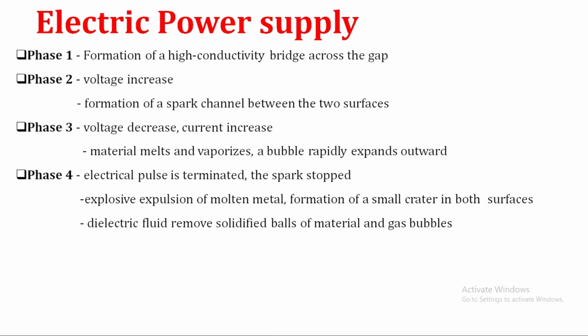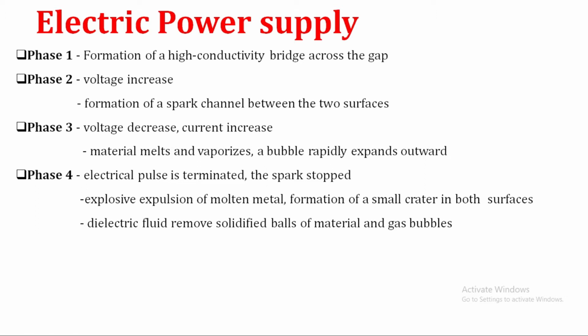Means pulse on and pulse off. These are the two important factors of this electric power supply. In that case, there is the explosive expulsion of molten metal, formation of small craters in both surfaces. Next, dielectric fluid removes solidified balls of material and gas bubbles.